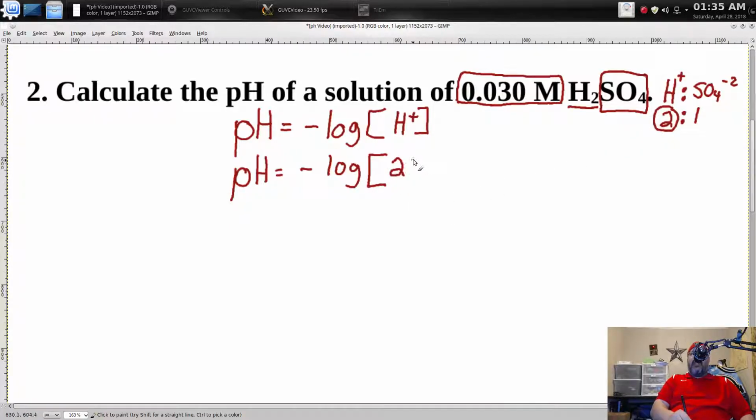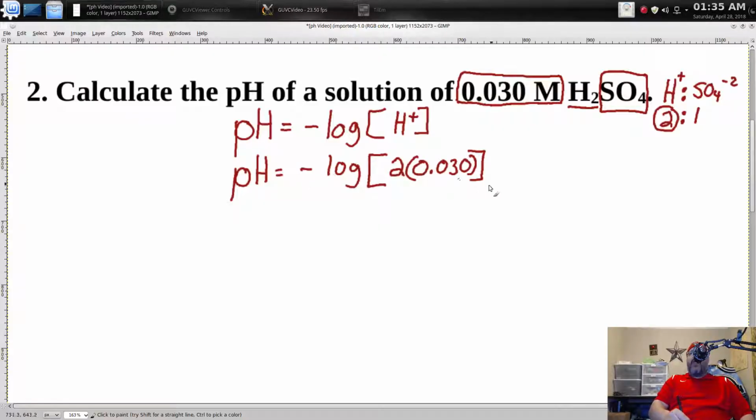So we need to take that 2 and multiply it into the original molarity concentration that was given to us, which was 0.030 molar, or you can say concentration. Okay, so we're going to close that in brackets. And remember, the reason why this 2 is here is because we've got 2 hydrogens. Earlier I didn't show the 1 because it honestly is not necessary.